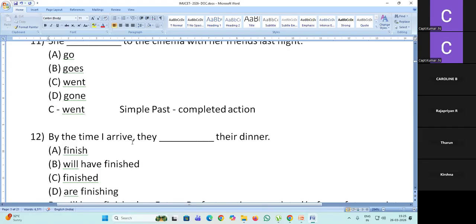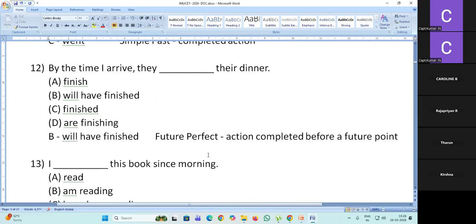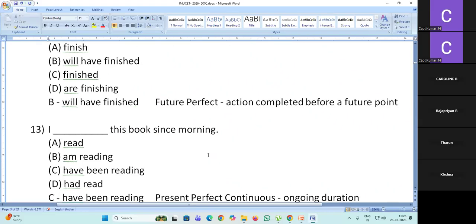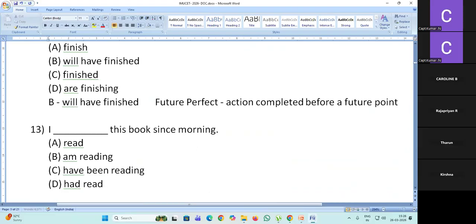That means they are talking about future. Okay, so future, by the time I arrive, something they would have completed. They will have finished their dinner. That's the correct answer. Let's see the next one.